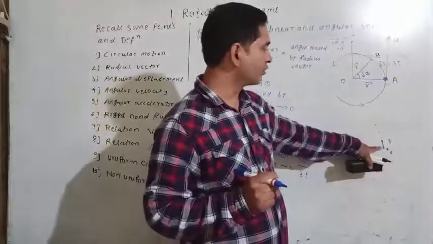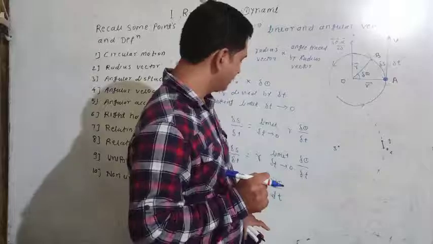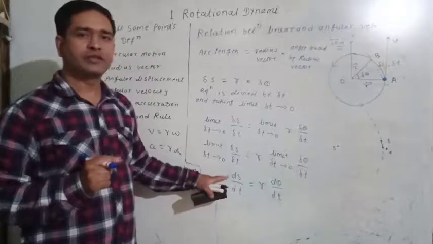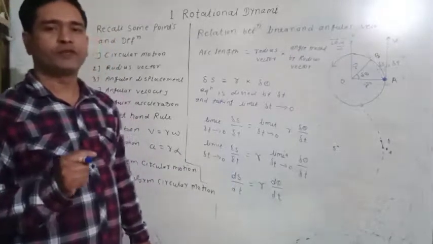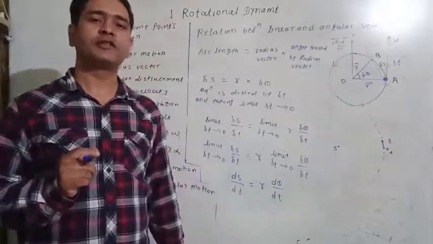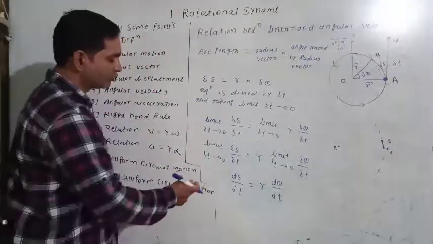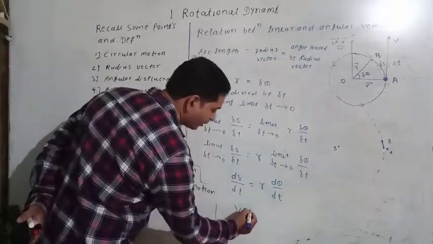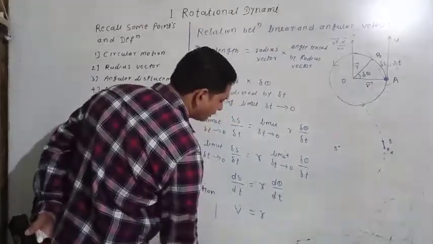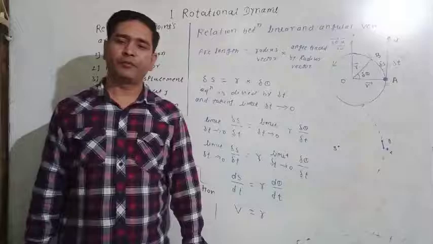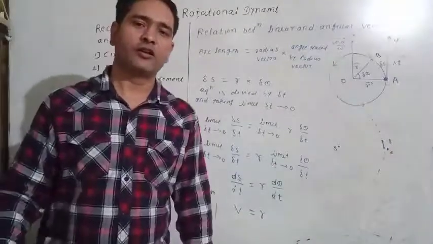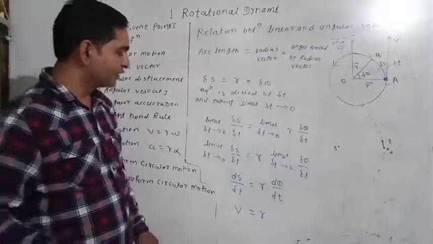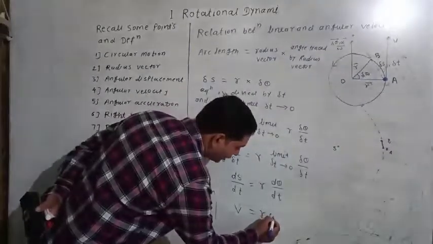So it is considered a straight line. When time is t, the displacement divided by time, the rate of change of displacement with respect to time, is called velocity. So this formula is written as ds upon dt equals v equals R into d theta upon dt, the rate of change of angular displacement with respect to time, which is called angular velocity omega.